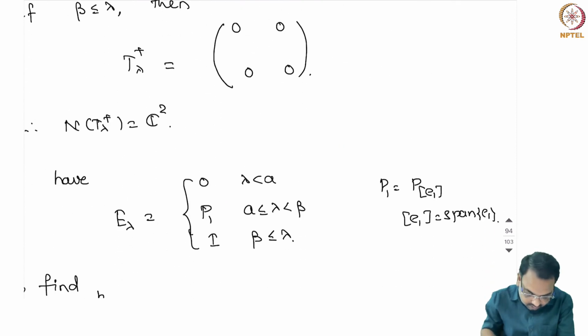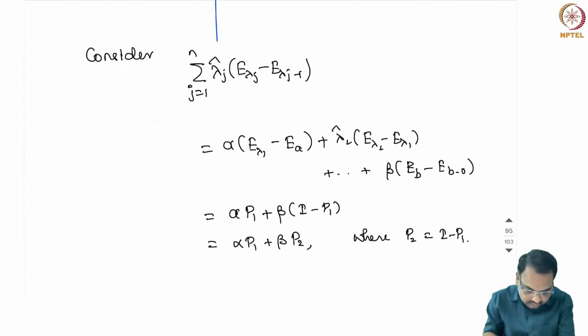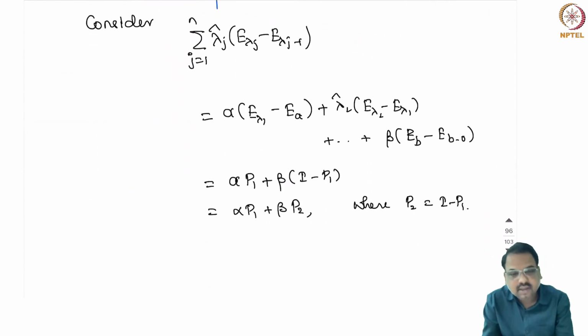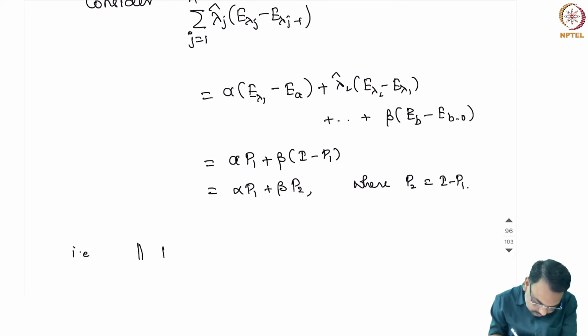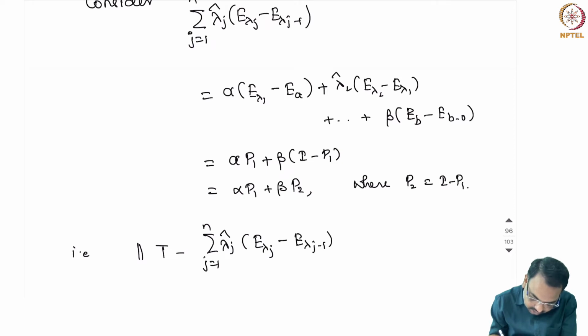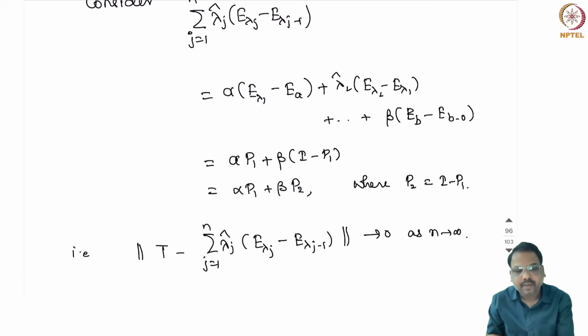Okay, so that means if you look at this kind of finite linear combination of operators, then they approximate the original operator. That means we can easily show that T minus summation j equal to 1 to n of lambda j times E lambda j minus E lambda j minus 1 goes to 0 as n goes to infinity.